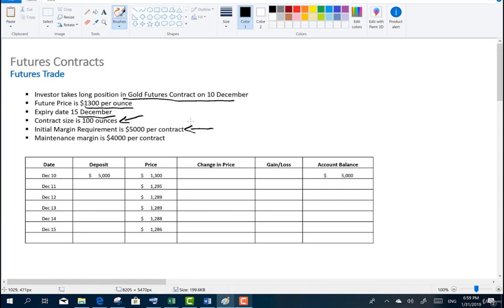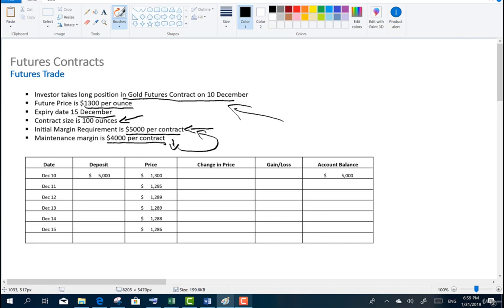It means that anyone who wants to take exposure in this contract needs to deposit 5,000 in their account. The maintenance margin is 4,000 per contract. It means whenever the account value drops below 4,000 per contract, the long has to deposit enough money to bring the account back to the initial margin level.